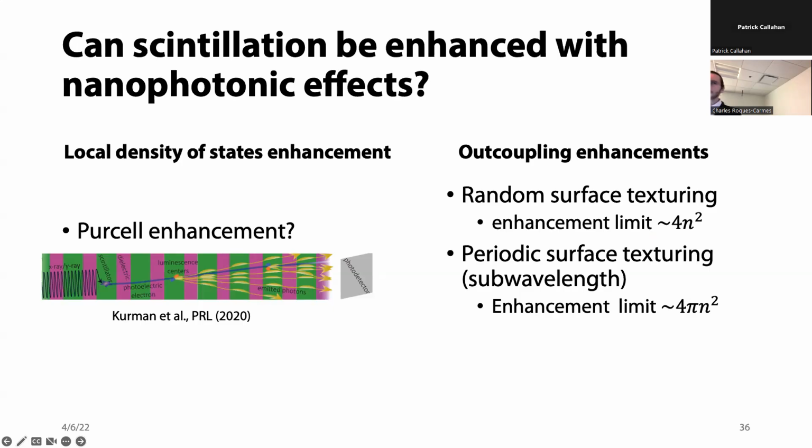But in both cases, the enhancement you expect is on the order of n squared, because essentially what you do is you allow some of the light that would be trapped by total internal reflection to escape from the scintillator or the solar cell. A lot of work was done by Paul Lecoq at CERN on using those types of enhancements on scintillators.